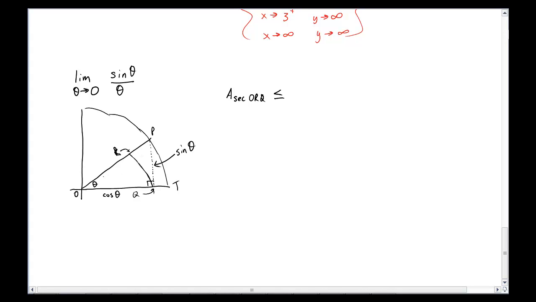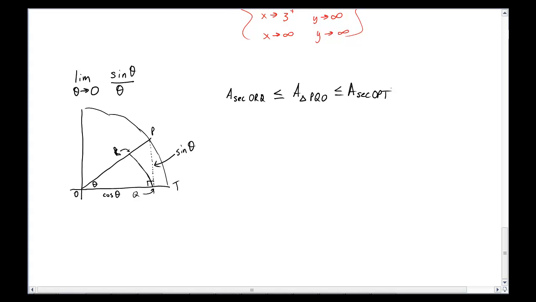I don't know, debatable whether it's equal to, but just to be on the safe side, is less than or equal to the area of triangle PQO, which will be less than or equal to the area of sector OPT. Everybody okay with that?